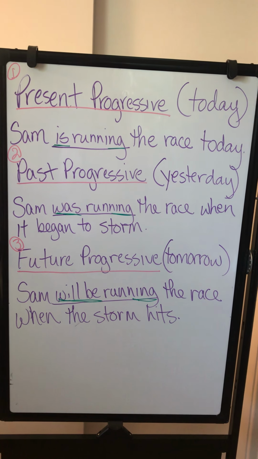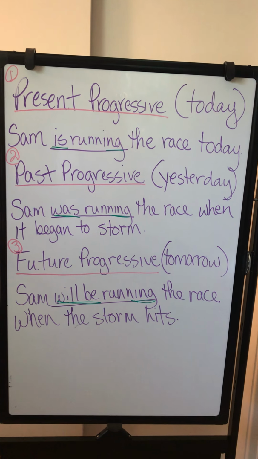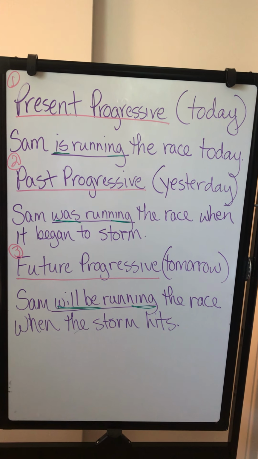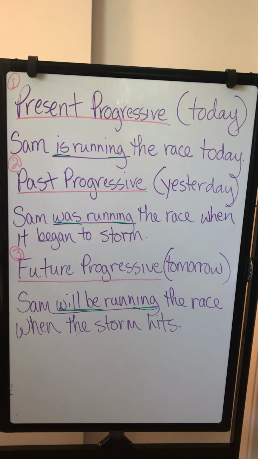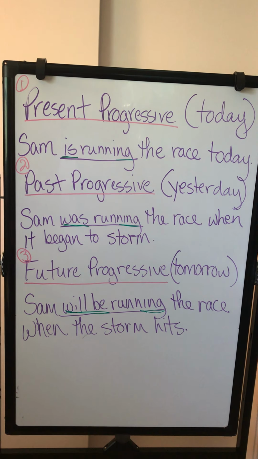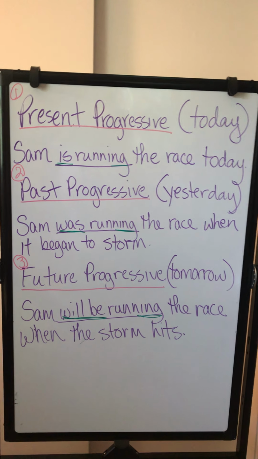So the way you know you're dealing with the progressive is you see that ing word, but what changes is that auxiliary or helping verb, the form of the verb to be. The last example is the future progressive, and this would be something that is happening at the moment, but you're referring to it happening tomorrow.